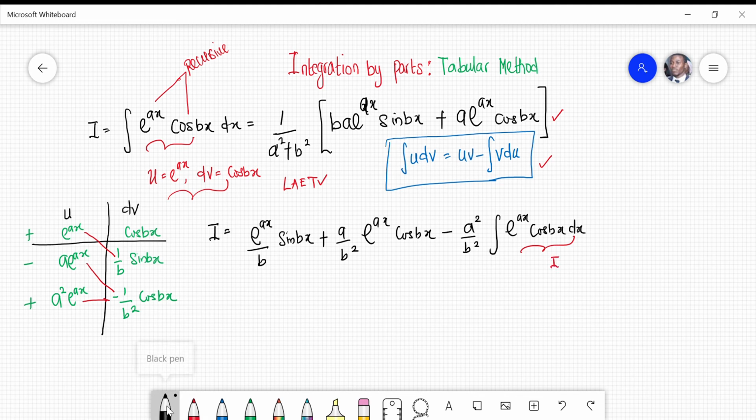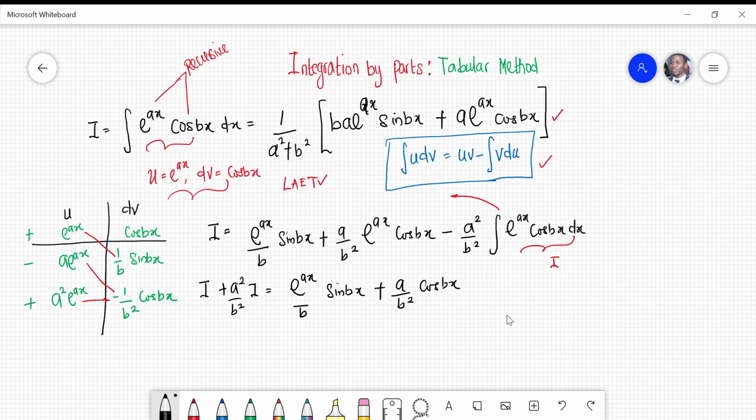So all I have to do is replace it with that, and then take it to the other side. If we take this one to the other side, we're going to have I plus a squared over b squared I equal to e to the ax over b sine bx plus a over b squared e to the ax cos bx, right?